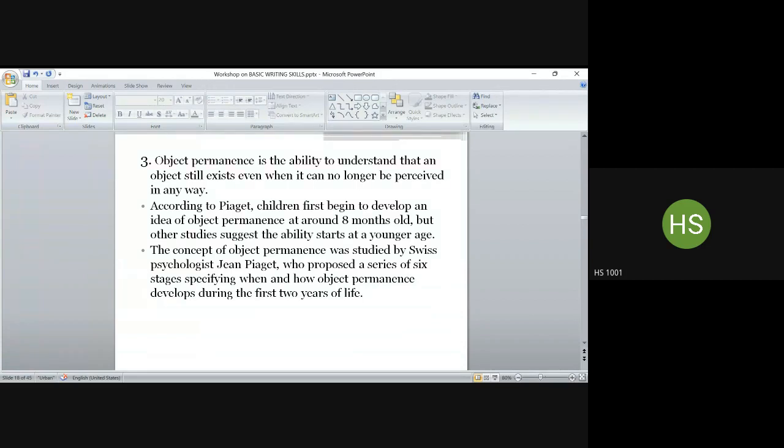Which one among the first and the second? Correct. Okay. Second one is your supporting sentence.